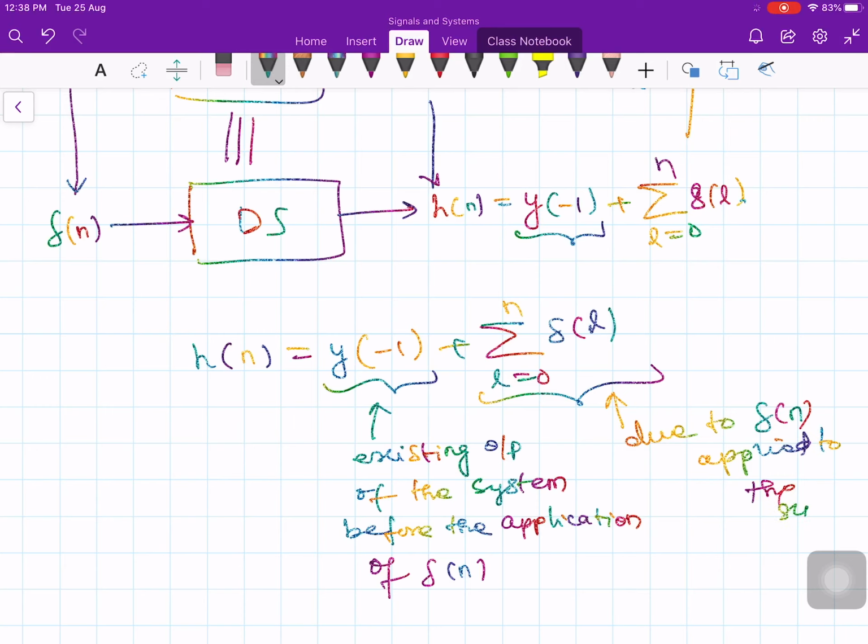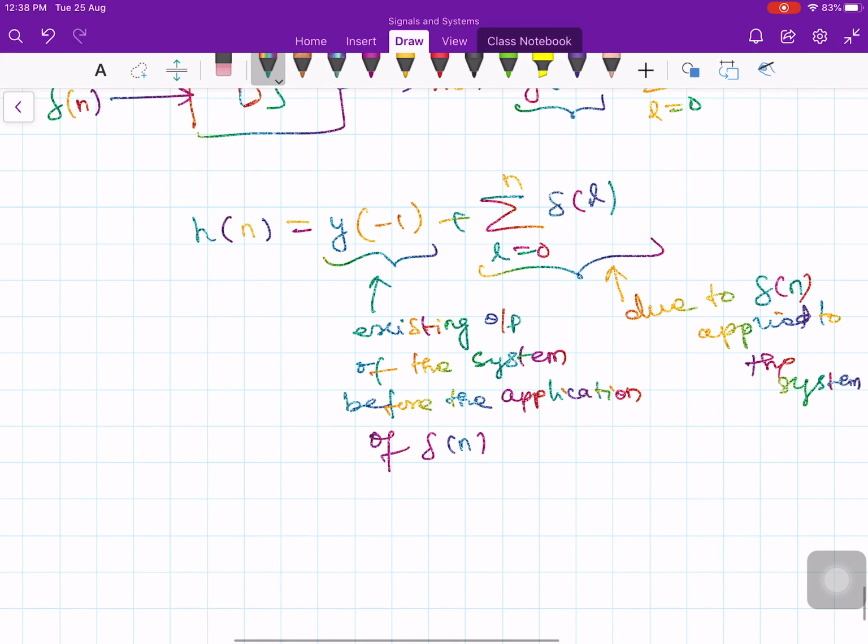Now let us try to find out. You substitute n equal to minus 1, then n equal to minus 2. If you substitute, then you will get, let us say, h of minus 2 is equal to y of minus 1 plus sigma L equal to 0 to minus 2.